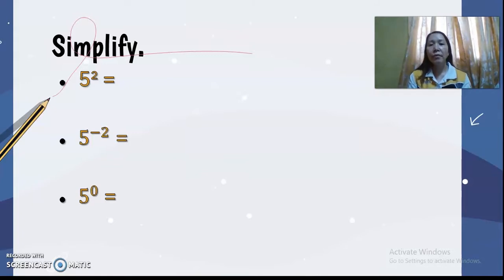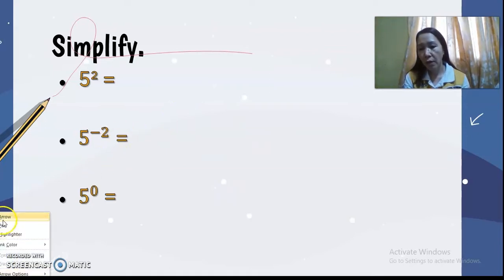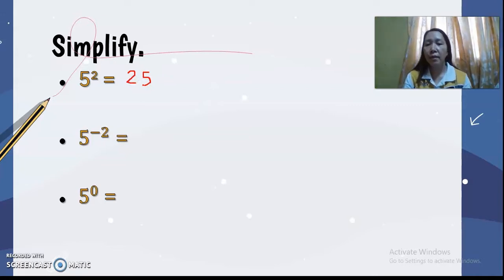Okay, let's have a recall on a couple of things here. In number 1, that is a positive exponent, just like we did earlier. 5 raised to 2 means 5 times 5. We know this already, that this is 25. Next, the exponent is negative. So what will we do?